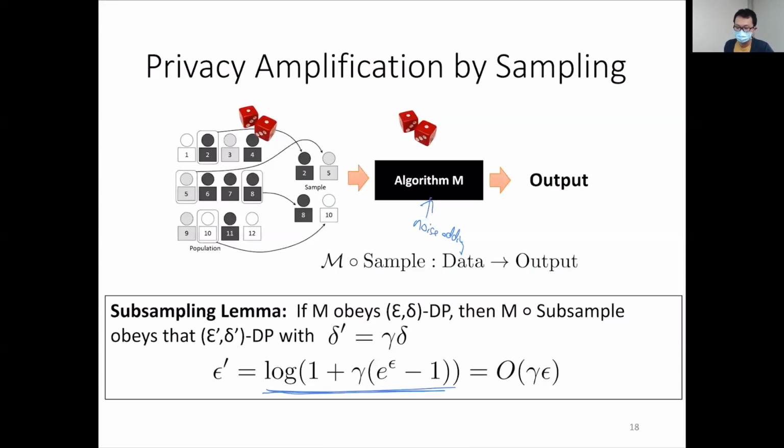When epsilon is small, log(1 plus something) is roughly the same as the second term, and you will end up just getting gamma times, say, 2 times epsilon. Right, so that's called privacy amplification by sampling, or the subsampling lemma, also known as the secrecy of the sample.